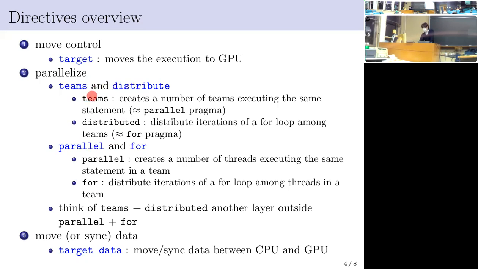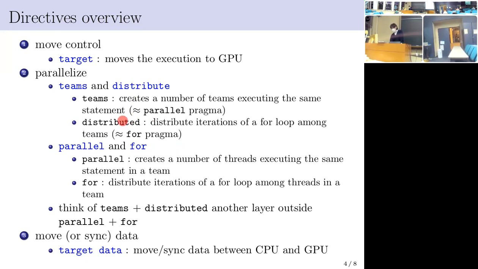Teams is somewhat similar to parallel in the sense that it creates many threads essentially doing the same thing. Distribute is something like a for.